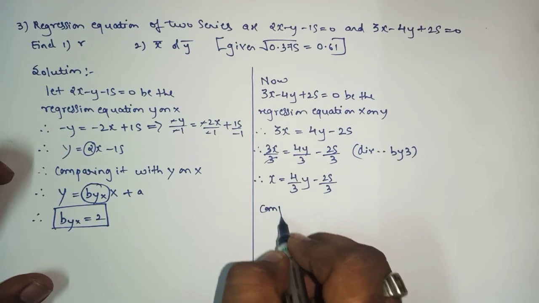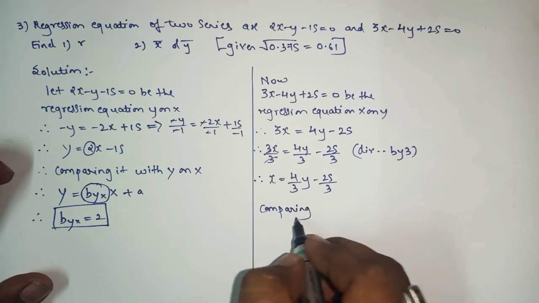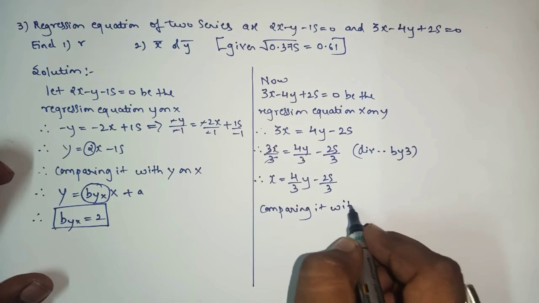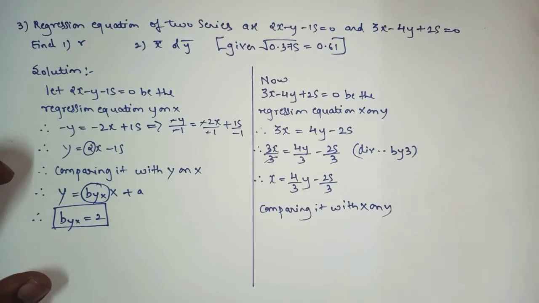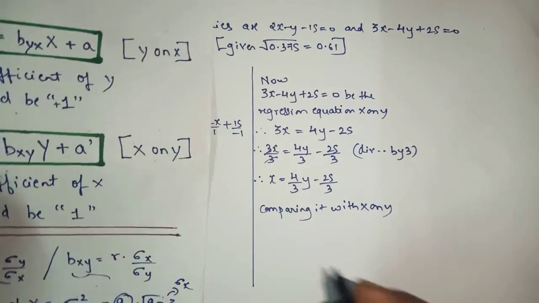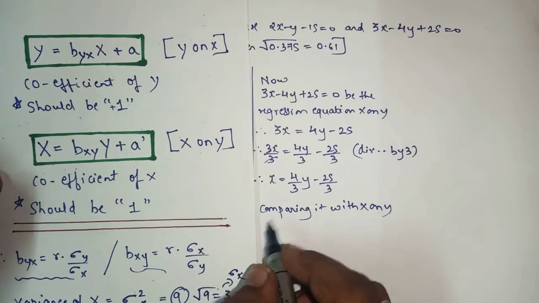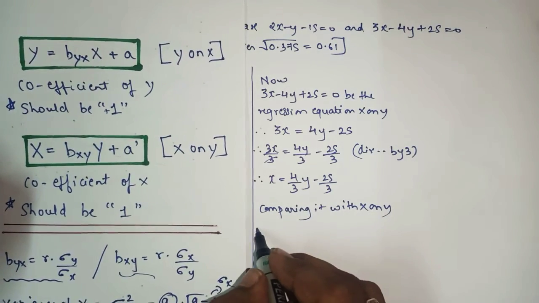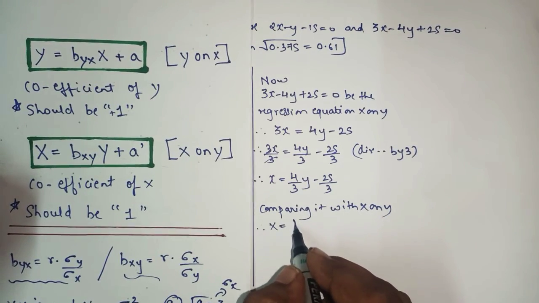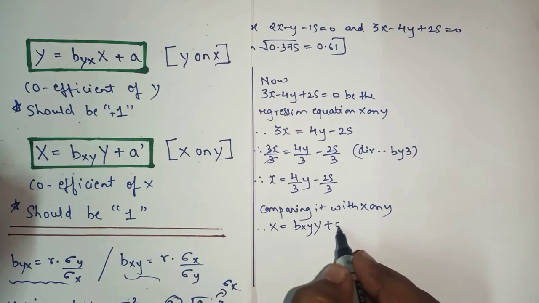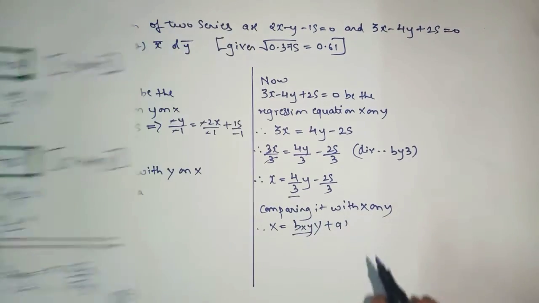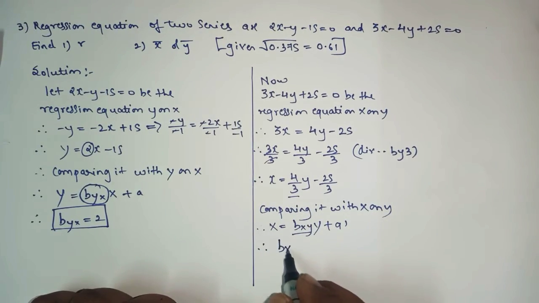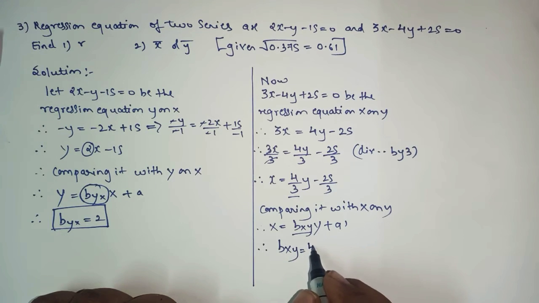So here we'll write, comparing it with x on y. So what is x on y? x equals bxy y plus a dash. So comparing this you will get bxy as 4 upon 3. Yes or no?